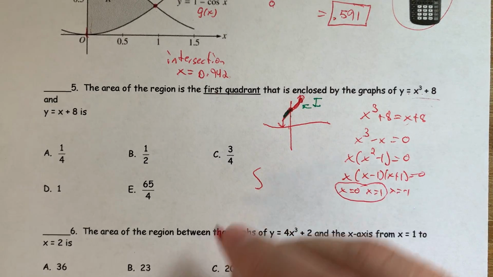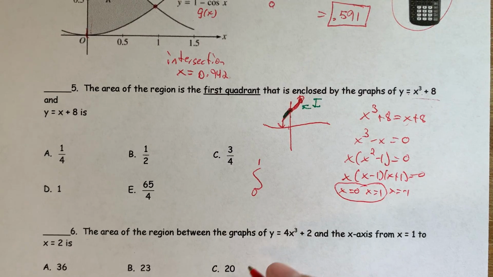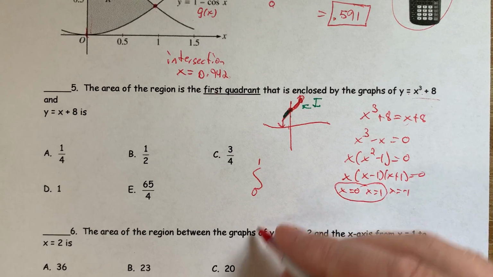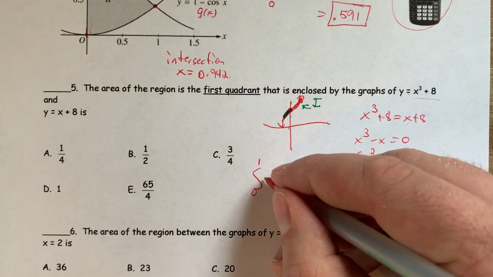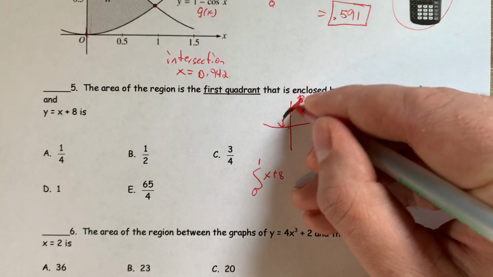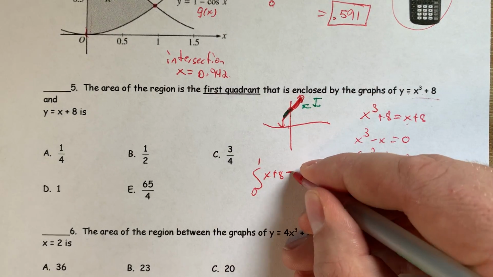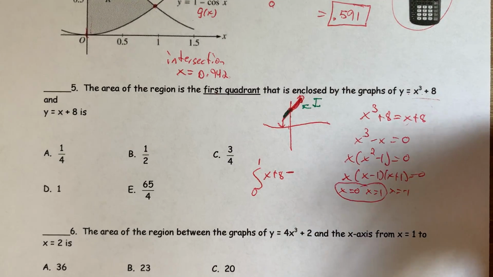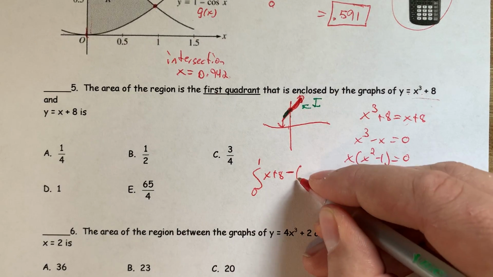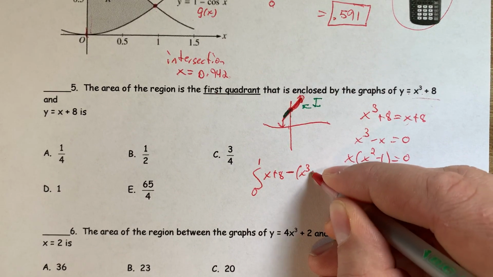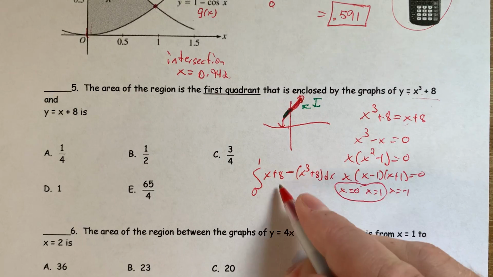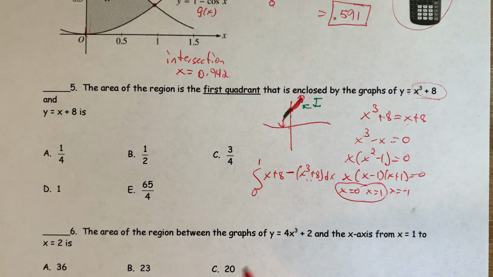So it's the integral from 0 to 1 of the top one minus the bottom one. The top one is x plus 8, and I know that just based on the shape of the curves. But if you didn't, and it comes out negative, you just make it the positive one. So the top one minus the bottom one, make sure you put it in parentheses, because we want to subtract that whole bottom one.